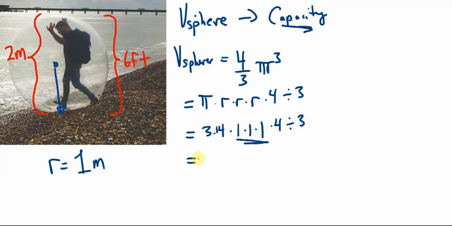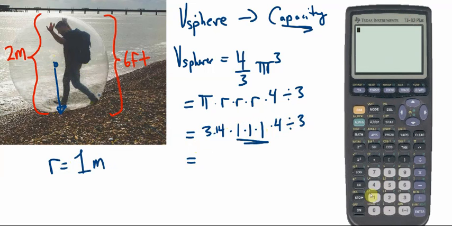Let's do that on the calculator. Lo and behold, this sphere has 4.18 meters cubed.